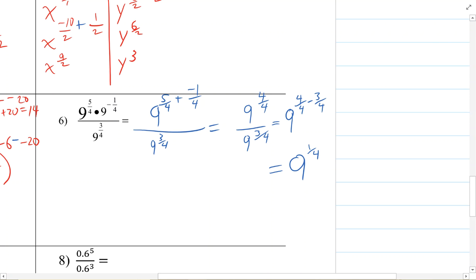Can you do a facelift at all for this one? With the 9? No, 9 is only like 3 squared. So that is simplest terms right there. That's as much as you can simplify. I mean, you could go to radical. You could go to 4th root of 9, but don't need to. It's the same, okay? You can't do a facelift for that one.